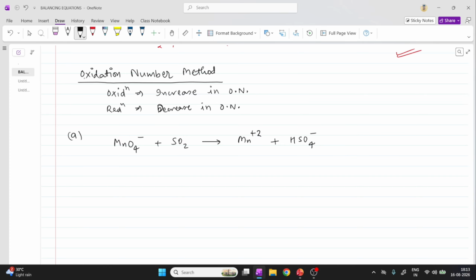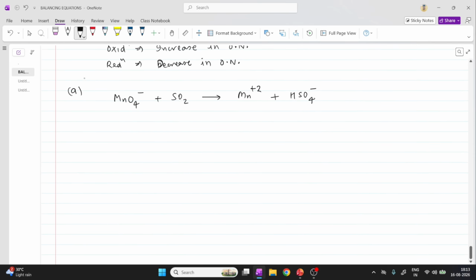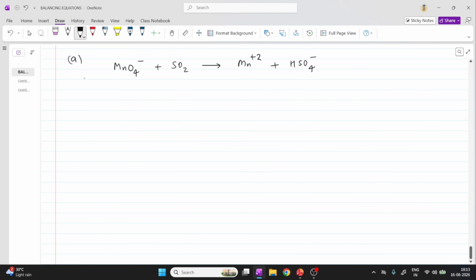This equation has to be balanced using the oxidation number method, and the medium is acidic. That means we have to add H plus to balance charges. So step one is again to find oxidation number and the element undergoing oxidation and reduction.